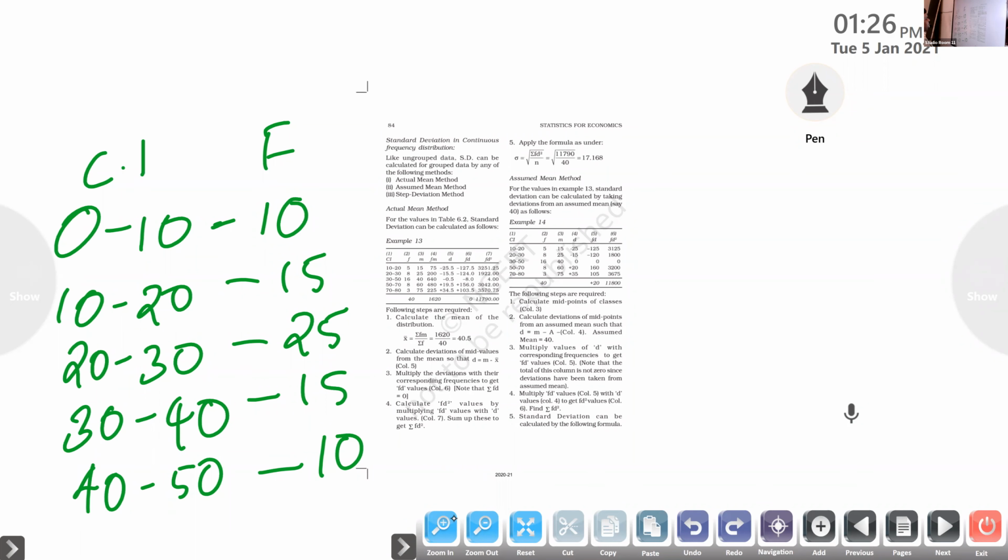Then fm. Then d, the midpoint minus the actual mean, that is the deviation. Then fd, frequency multiplied by the deviation, and then fd square.